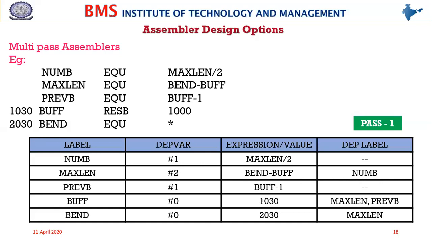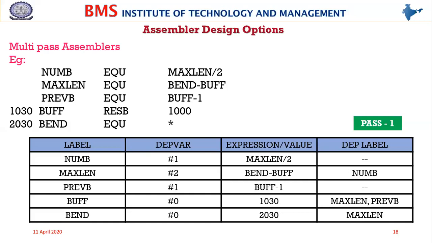Buffer has no dependency because it is only a declaration statement, and its address we get in pass one, that is 1030. Who is dependent on buffer? Maxlen is dependent on buffer, as well as PREVB. So we have two dependencies on buffer. And buffer end equal to star has no dependency.